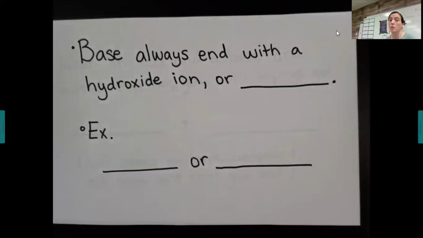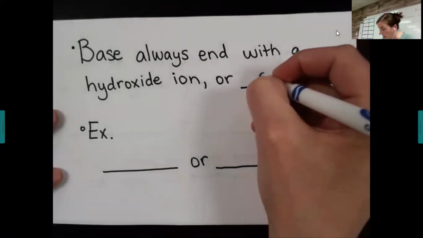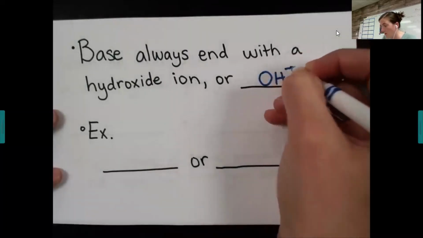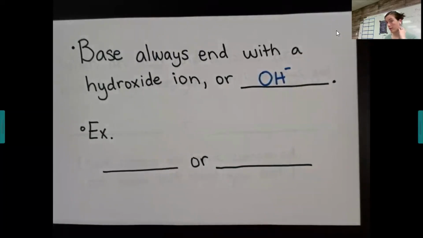Then it's going to be joining with something called a base. A base is something that always ends with a hydroxide ion, or OH minus. That's what the hydroxide ion is. So when you see a compound with OH at the end, that is a base.